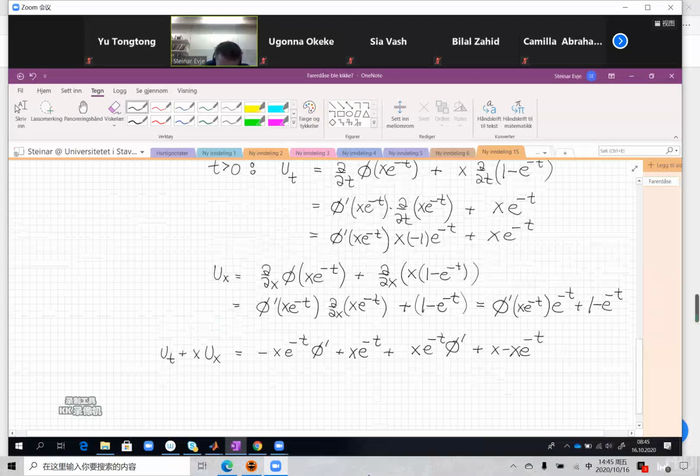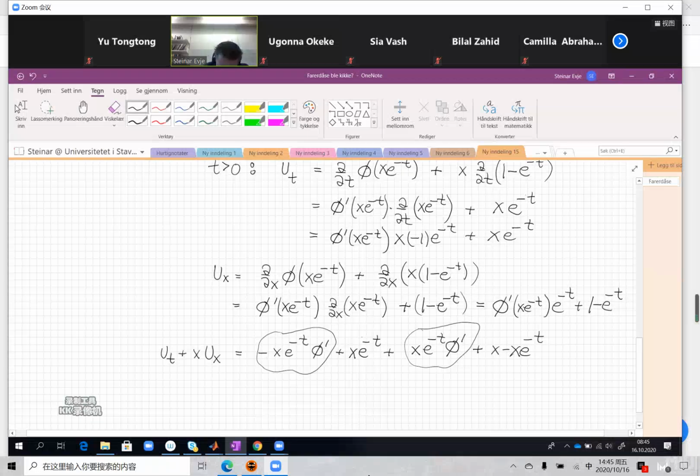We first observe that clearly this term is the same as this, but with opposite sign. So that looks good. And similarly, we have produced x e to the minus t, and we also find this term here with minus in front of it.